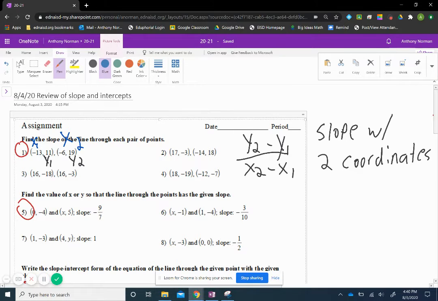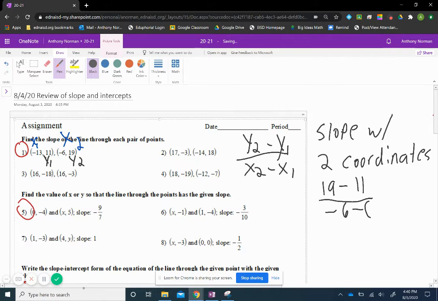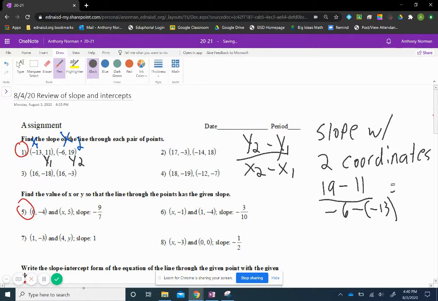So we'll just plug it in. -19 minus 11 divided by -6 minus parentheses -13. 19 minus 11 equals 8.